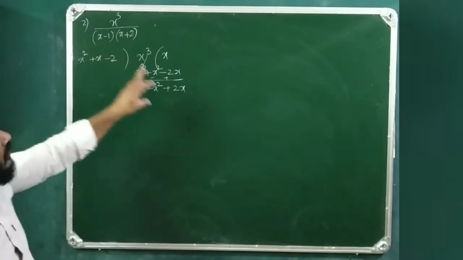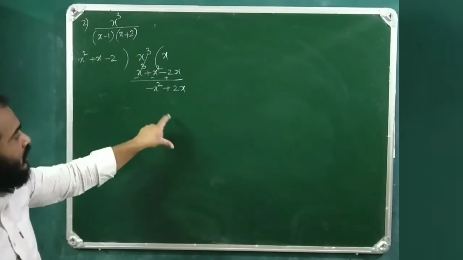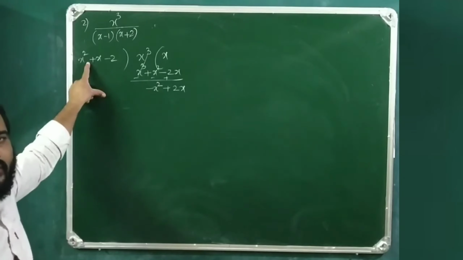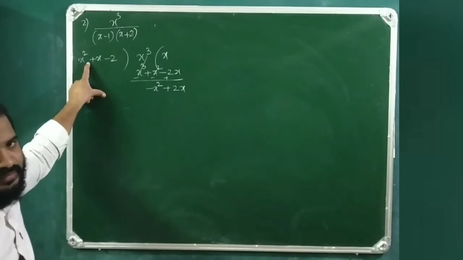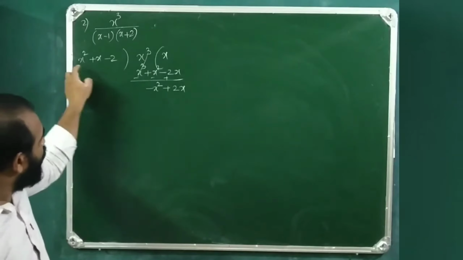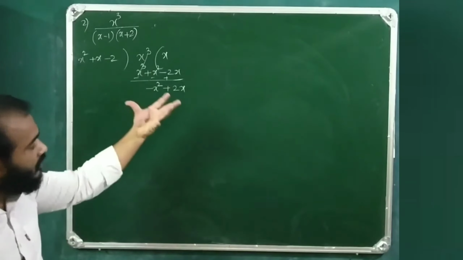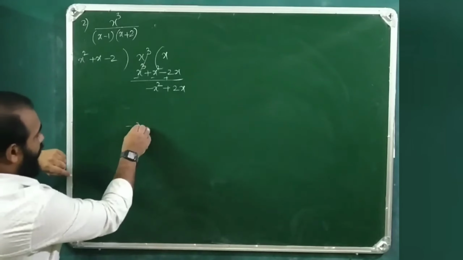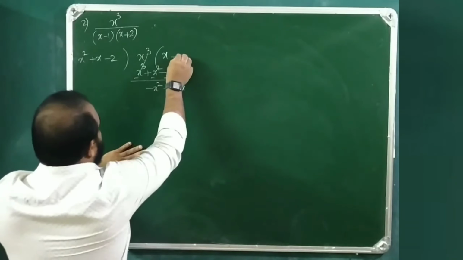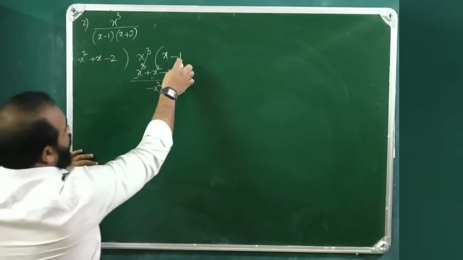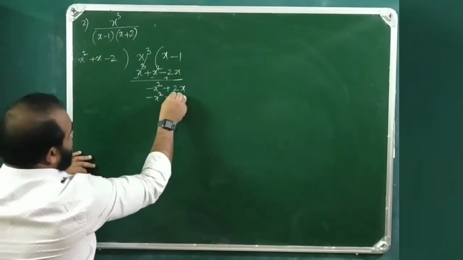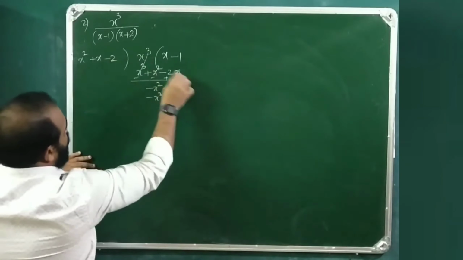Further division is possible because the degree of the remainder should be less than that of the divisor, but here the degrees of both of them are equal. Therefore further division is possible. So minus x square by x square is minus 1. With minus 1 we have to proceed. Minus 1 into x square is minus x square, minus 1 into minus x is plus x, minus 1 into minus 2 is plus 2.